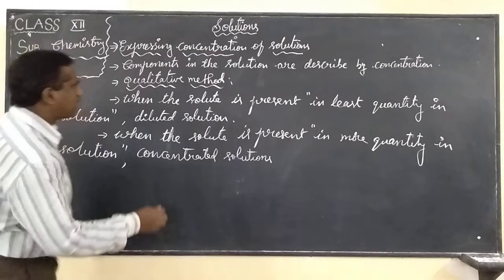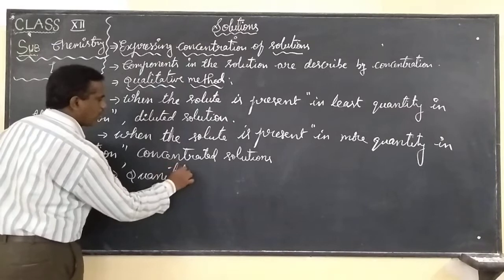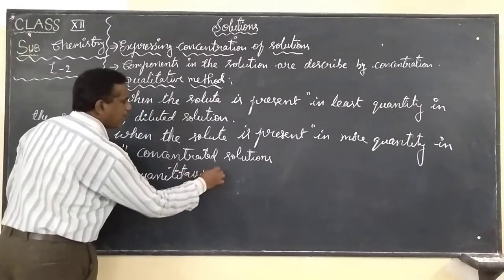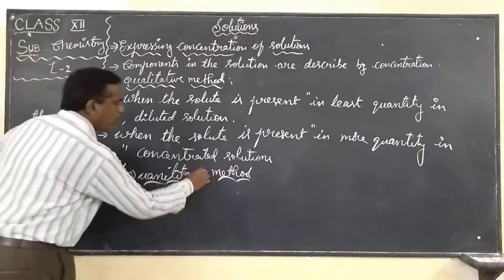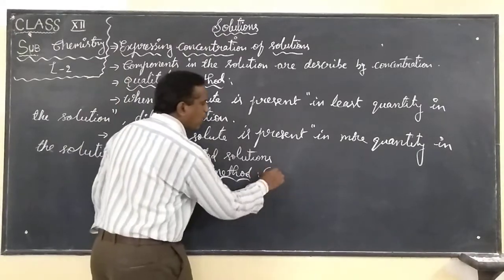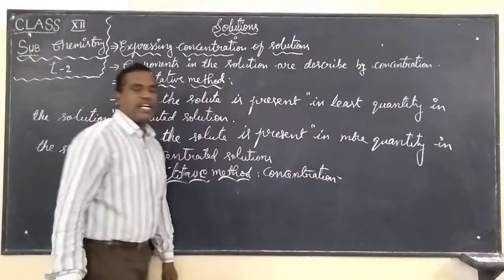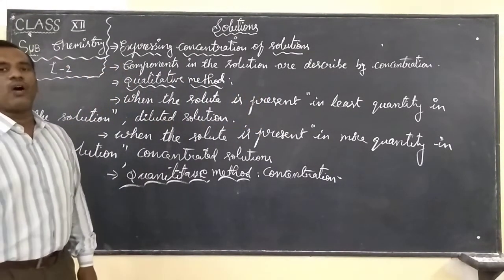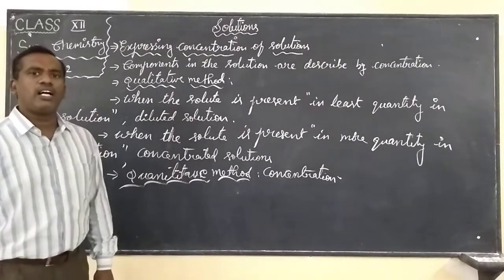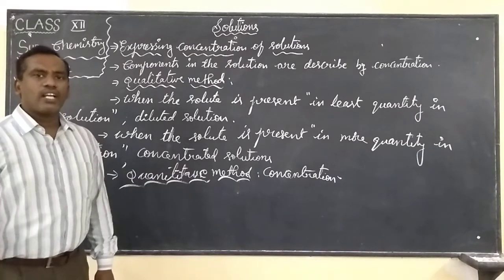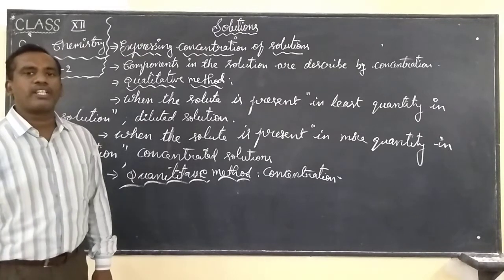So this qualitative method cannot decide exactly the concentration of the solution. For that purpose, we go for the quantitative method to express the concentration of the solution. This quantitative method that we are going to study now is of different types, based on the state of the solute and the solvent that together form the solution.